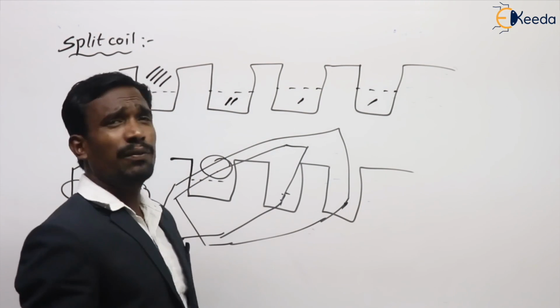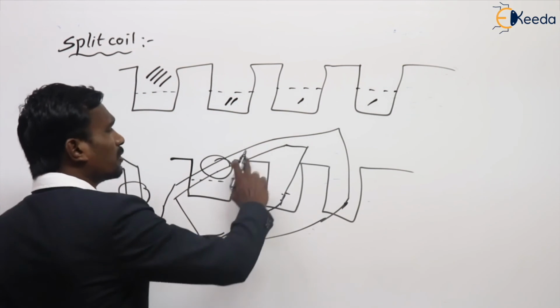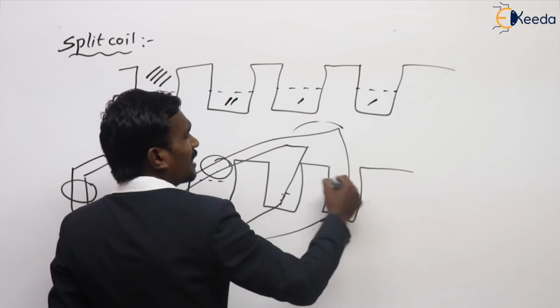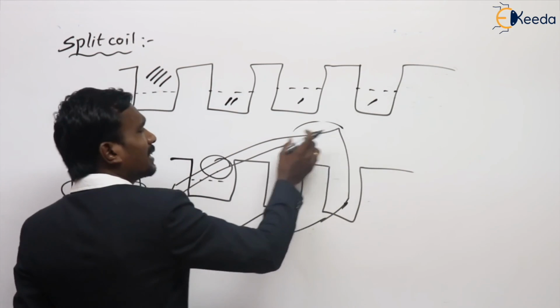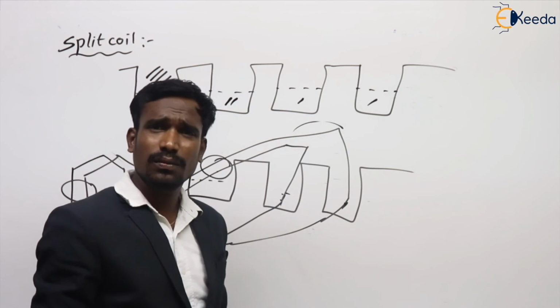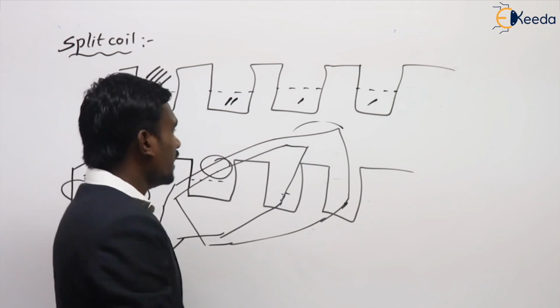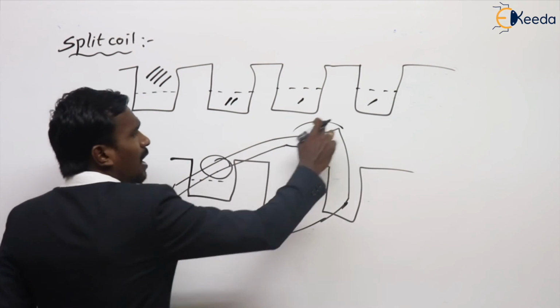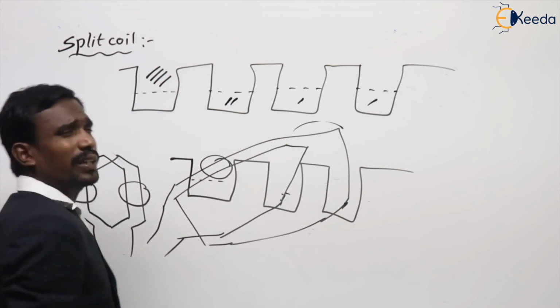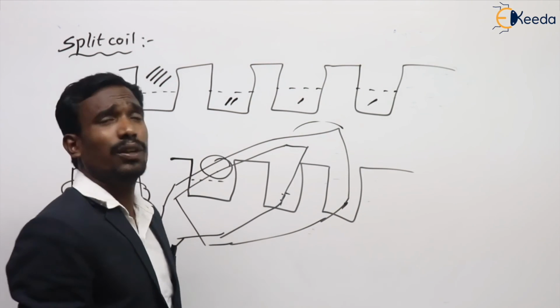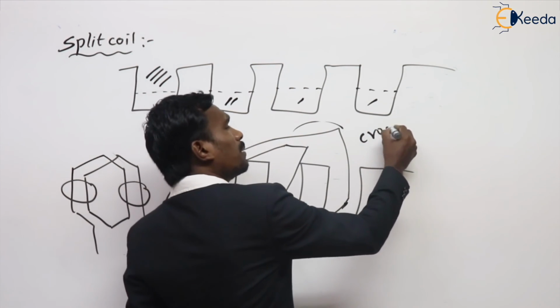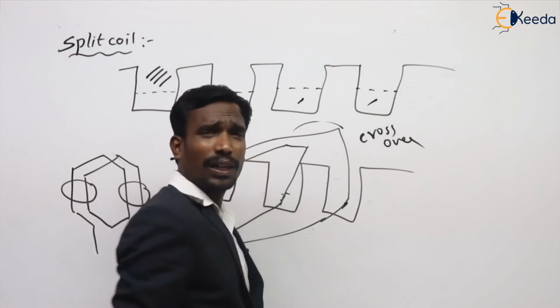Sir, what is the problem with this split coil? Due to split coil, there is wastage, the active length of the conductor decreases, first one. And the coil sizes are different. See here, this coil size is different and this coil size is different. This is another one. And a crossover problem is also there. Another one.